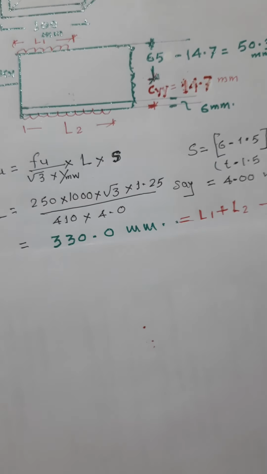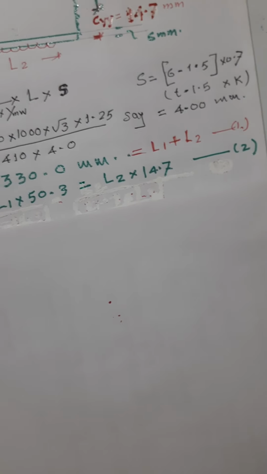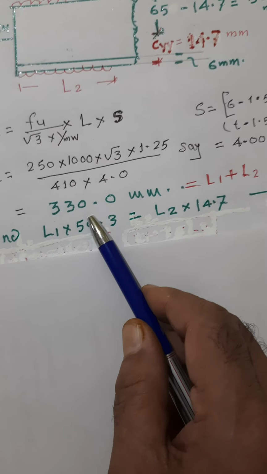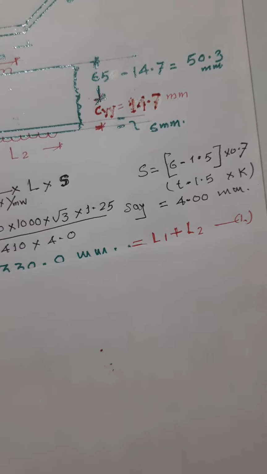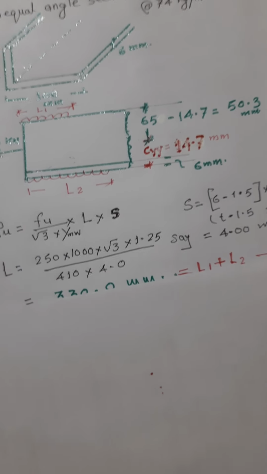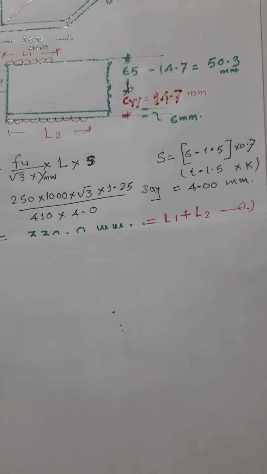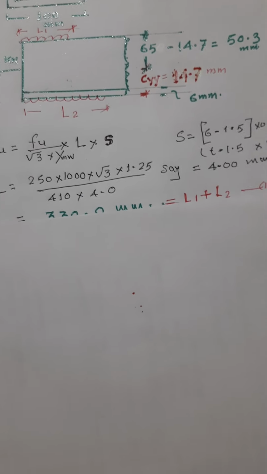This is our equation number 1: 330 is equal to L1 plus L2.